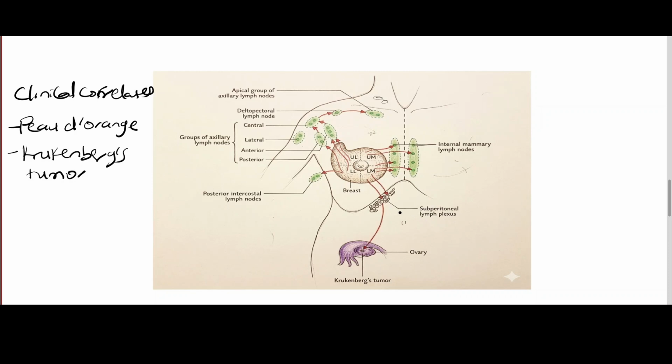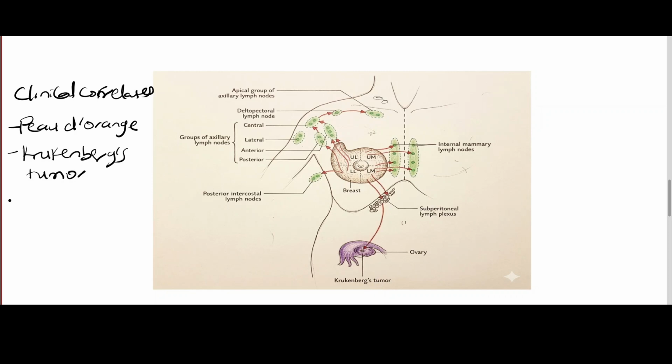We said that lymph from the lower medial quadrant of the breast can be drained into this subperitoneal lymph plexus. And from here, if there is a cancer in the breast, it can spread through this plexus into the ovary and cause a secondary ovarian tumor. This is called Krukenberg's tumor.